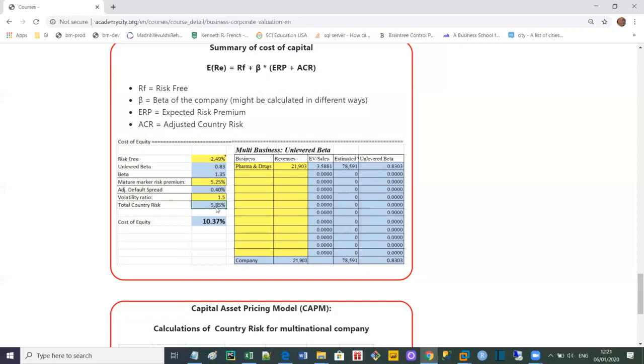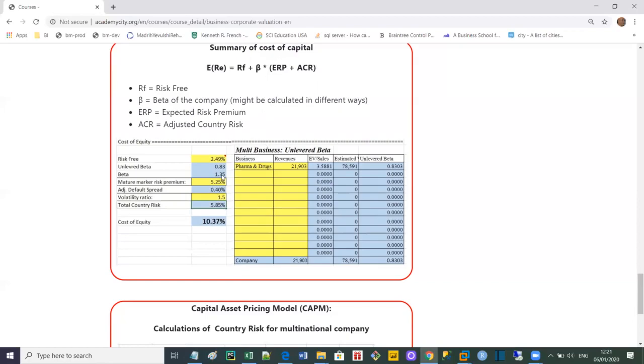This 5.85, I have to multiply by the beta, okay? So the beta times the total risk premium, and whatever I get, I add to the risk-free rate of 2.49, and I get 10.37. In summary, I simply plug the 5.85 into the equation right in here.